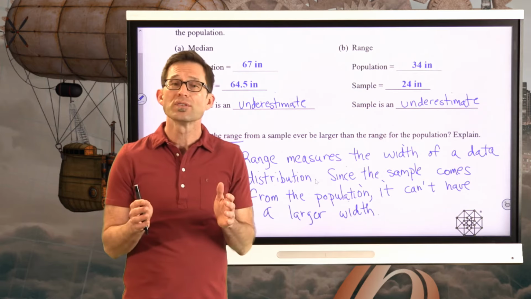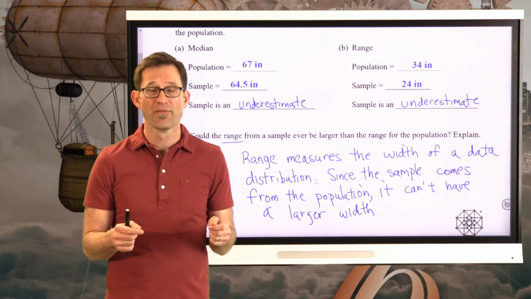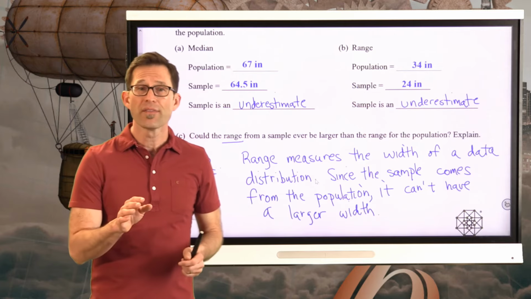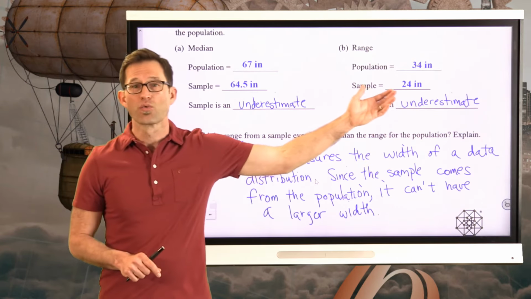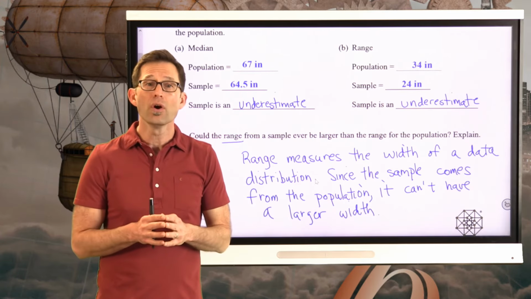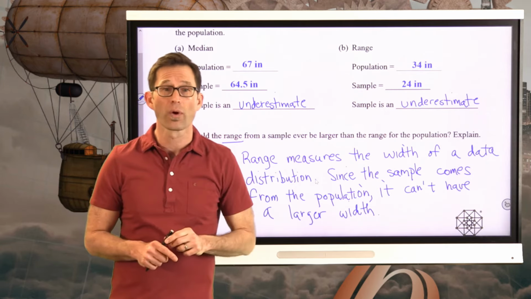But there's absolutely no way for that piece of the board to get bigger than the total board. Now that's still helpful though, because if we took a sample and found that its range was 24 inches, like I did for my sample, then I would know that the range of the population had to be bigger than 24 inches.